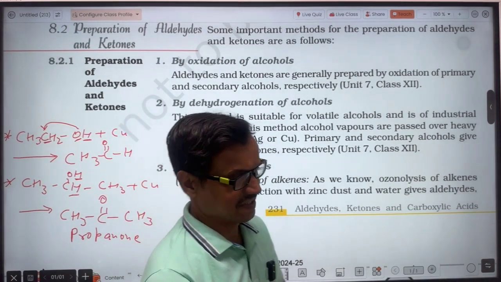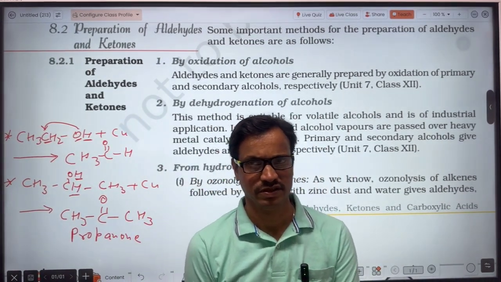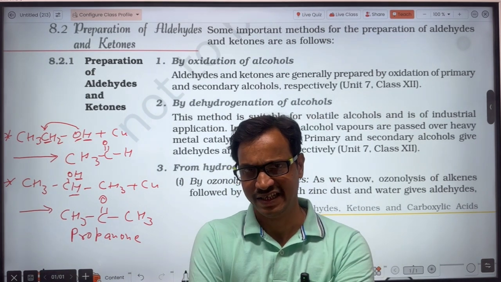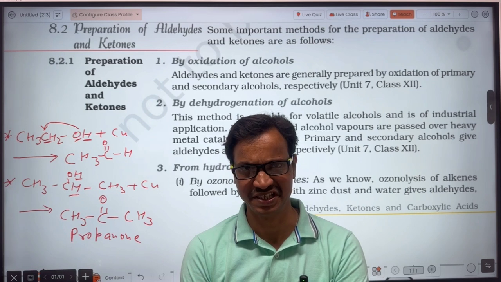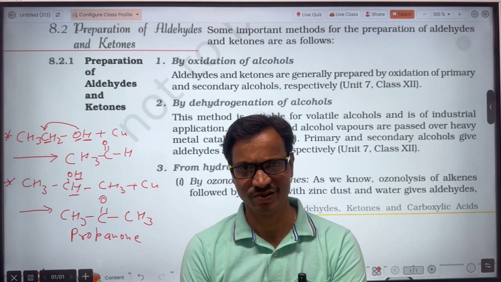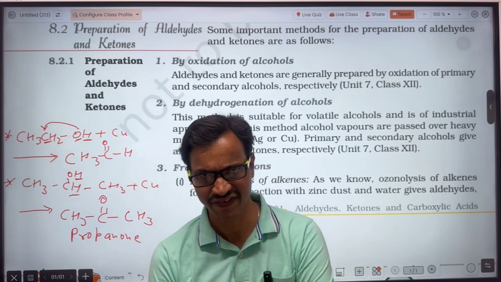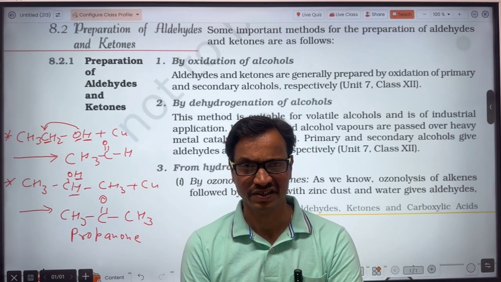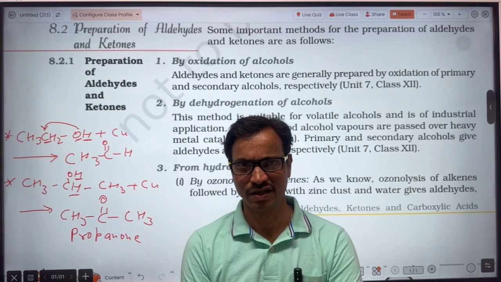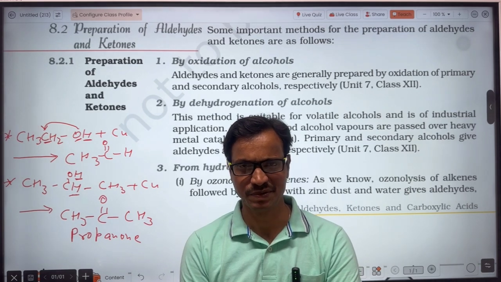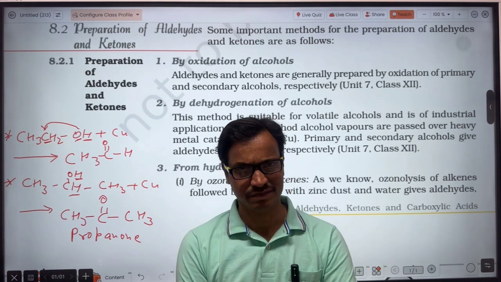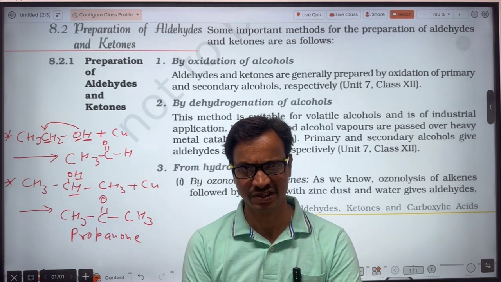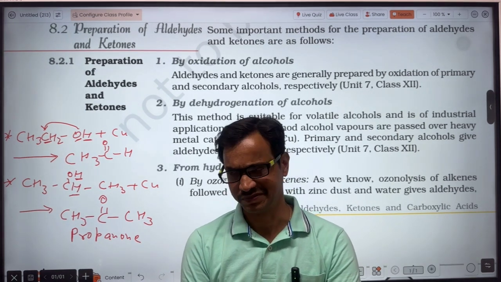So when you oxidize the 1-degree alcohol, there will be formation of aldehyde. In addition, when you dehydrogenate the 1-degree alcohol, there will be formation of aldehyde. When you oxidize or dehydrogenate the 2-degree alcohol, there will be formation of ketone. Here as oxidizing agent, we will take a mild oxidizing agent like CrO3, PCC and so on.